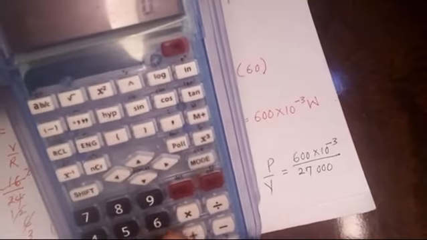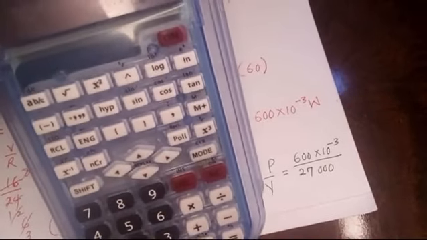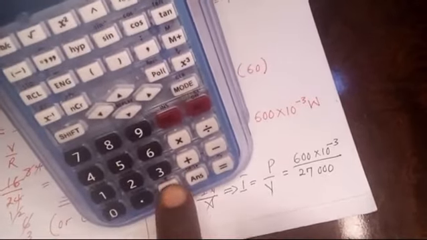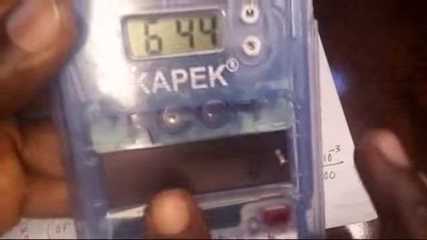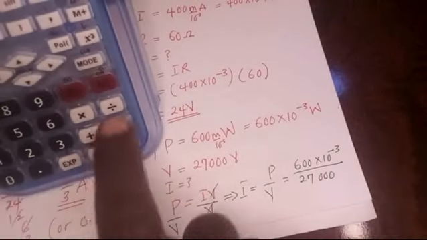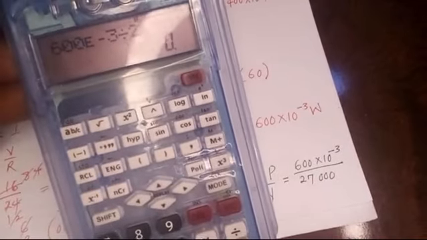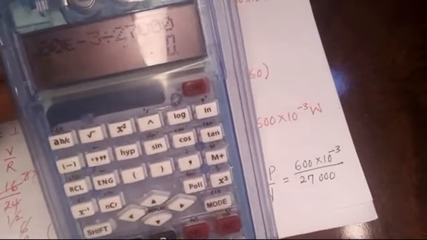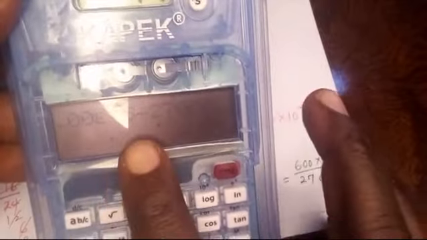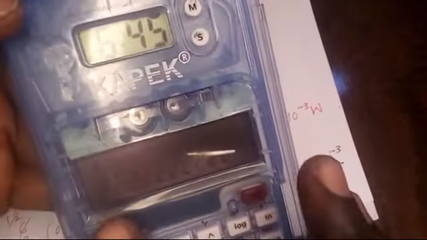If cancellation will give you some trouble, you simply press 600, then you press exponential, you press negative, you press 3. You see this appears. Then you divide by 27,000. You see, divided by 27,000, and you press the equality sign, and you can see what you have.